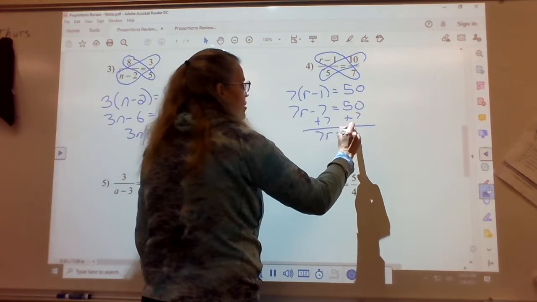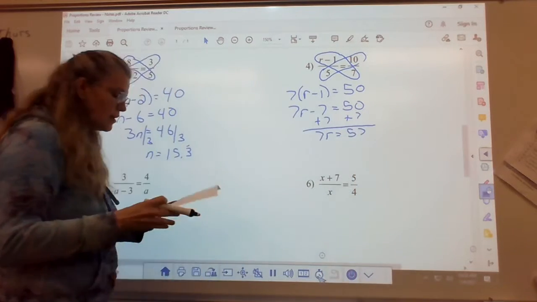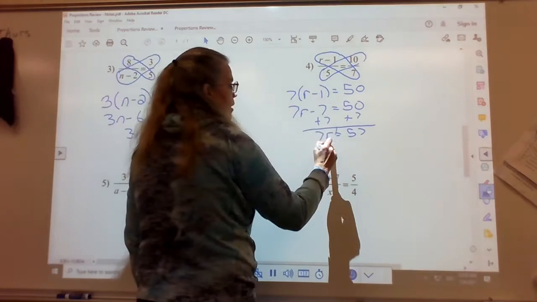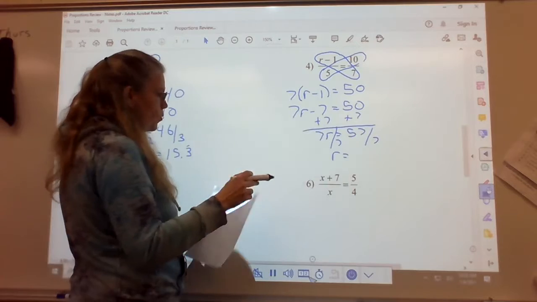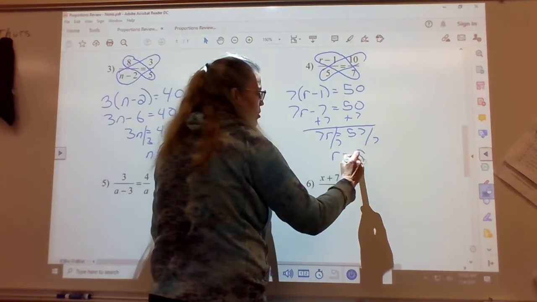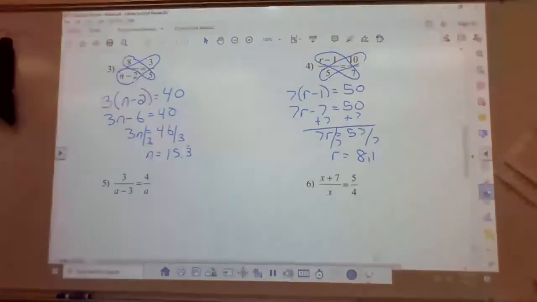So 7r equals 57. Now this one gives you a big long decimal. So I'm going to divide by 7. So r equals, I get 8.14, and it just kind of keeps going. So you can just round to 8.1. So as you can see, this set is a little bit harder because I had one set of distribute.